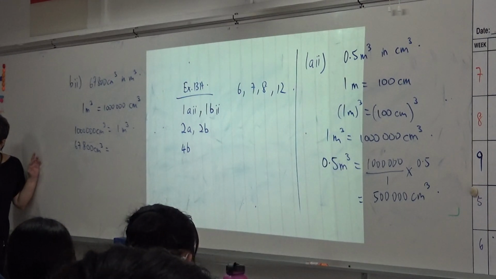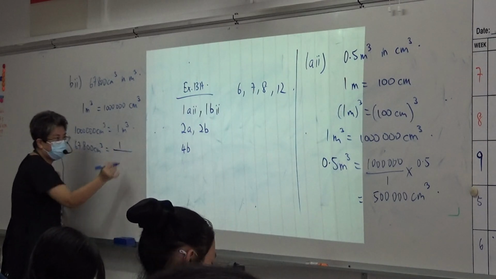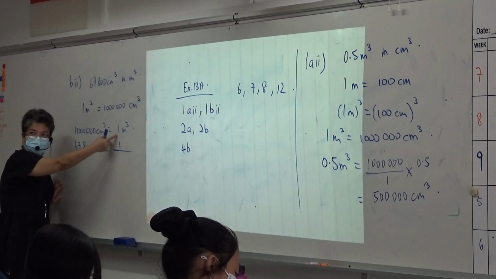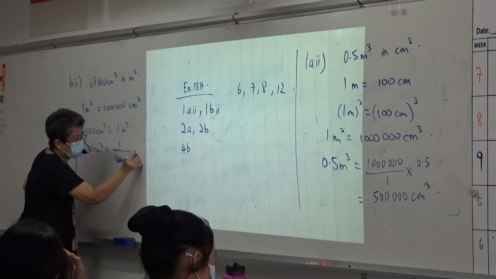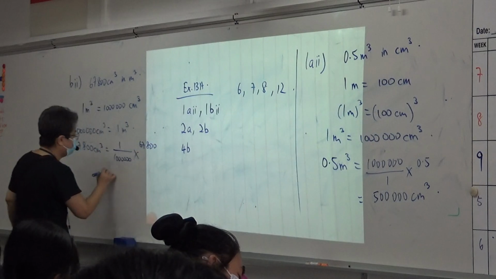Can you see it's cm cube already? So what is the working here? Tell me. 1 over what? 1 million times what? 67800.